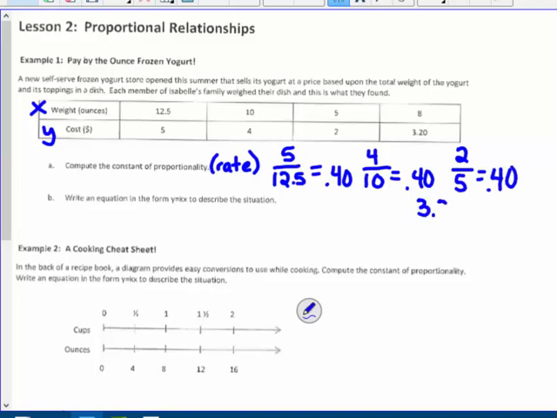And $3.20 divided by 8, well, 32 divided by 8 is 4, so 40 cents per ounce.